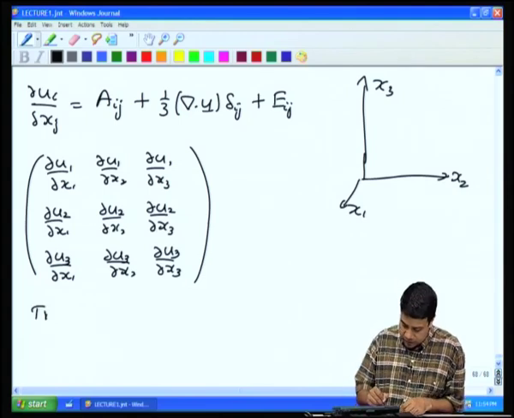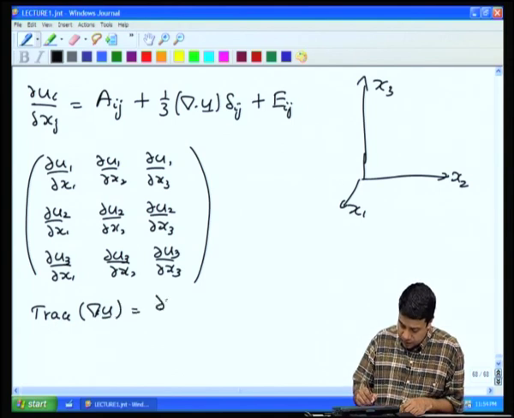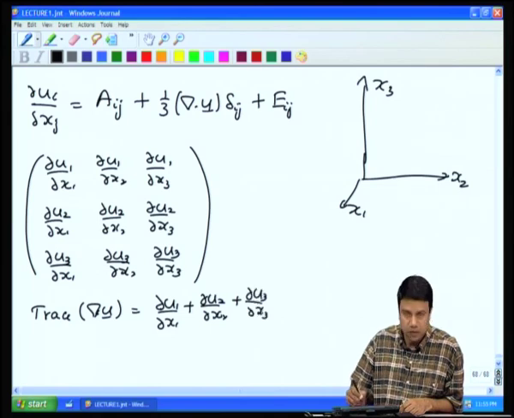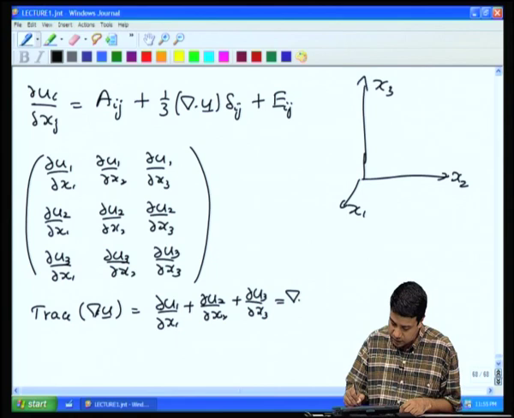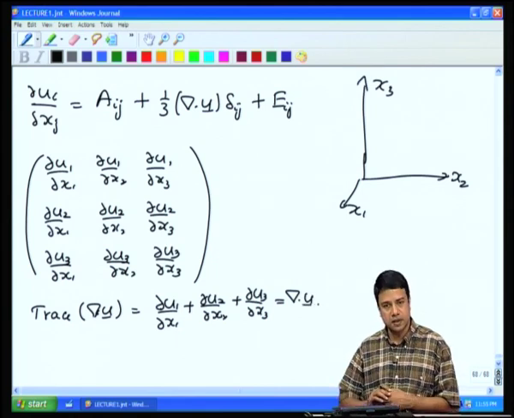The trace of this in 3 dimensions is equal to partial u1 by partial x1 plus partial u2 by partial x2 plus partial u3 by partial x3, which is the divergence of the velocity in 3 dimensions. That is the trace of the tensor.